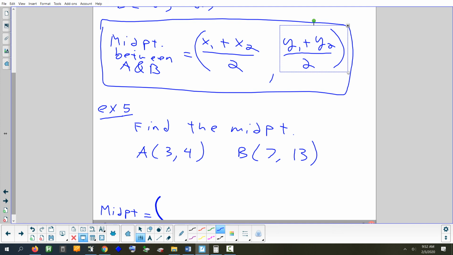So Sadie, what could x1 be in this case? She picked 3. Dennis, how about x2? 7. Yep. So we're going to add those up and divide by 2. We'll simplify in a second. Jace, what's y1? 4. And then y2, 13.